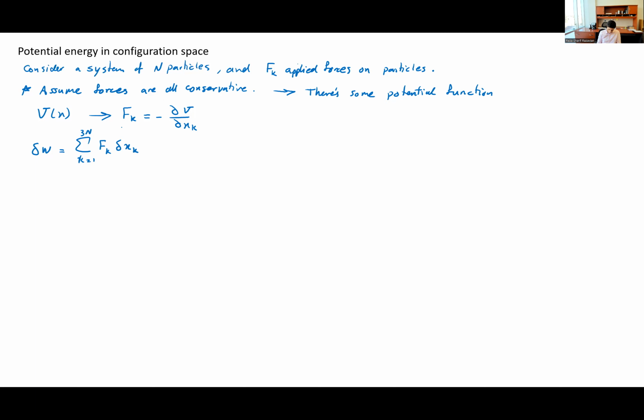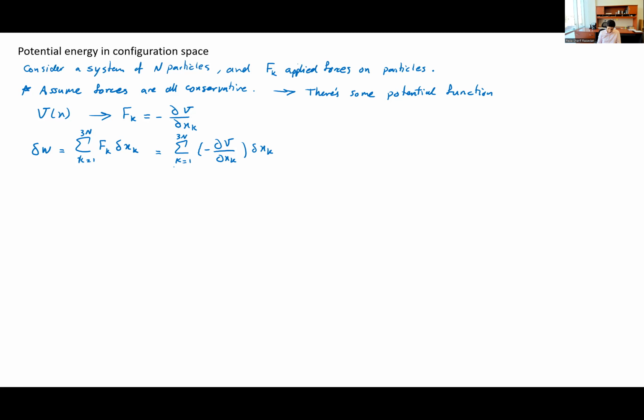I'm going to use this definition here: summation k equals 1 to 3n of minus partial V partial x_k δx_k.